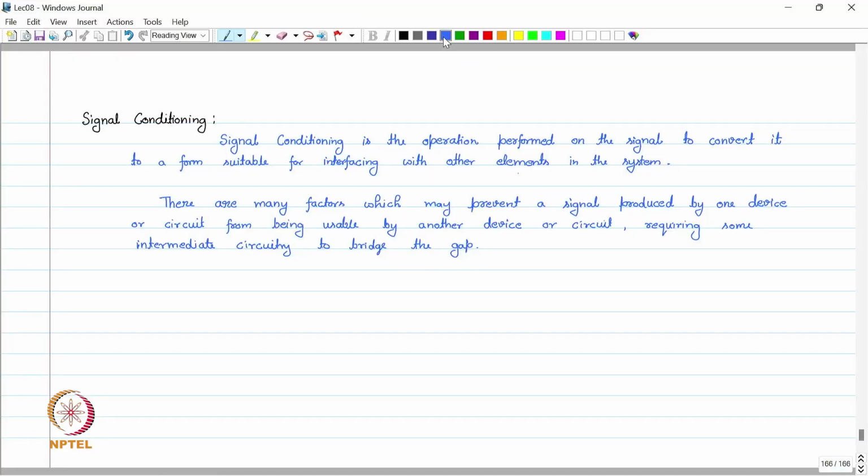Now, this kind of bridging function is called signal conditioning. And there are certain examples of this process.